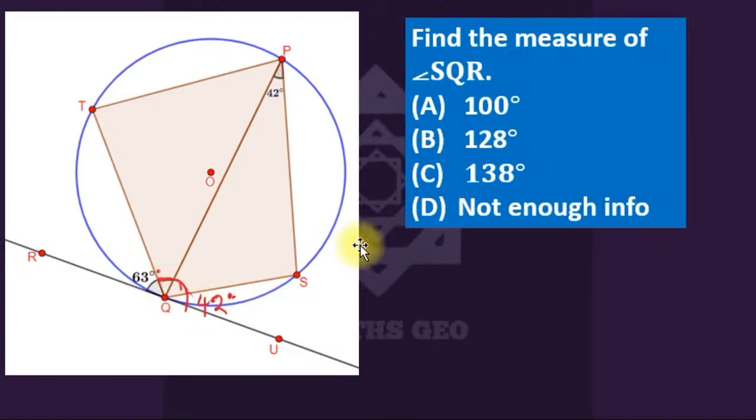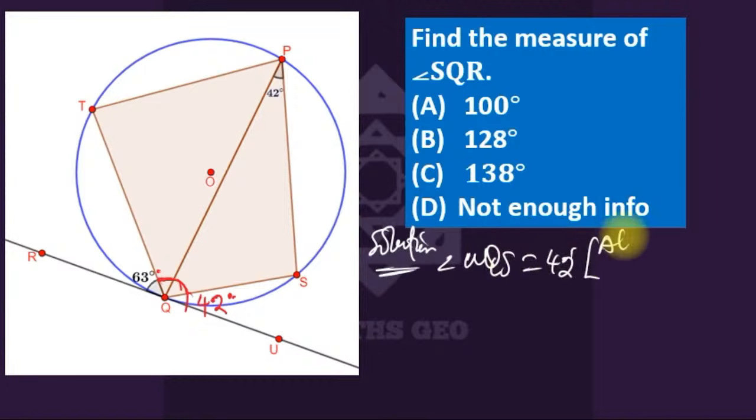So from here, we see that angle UQS is 42 degrees by alternate segment theorem.